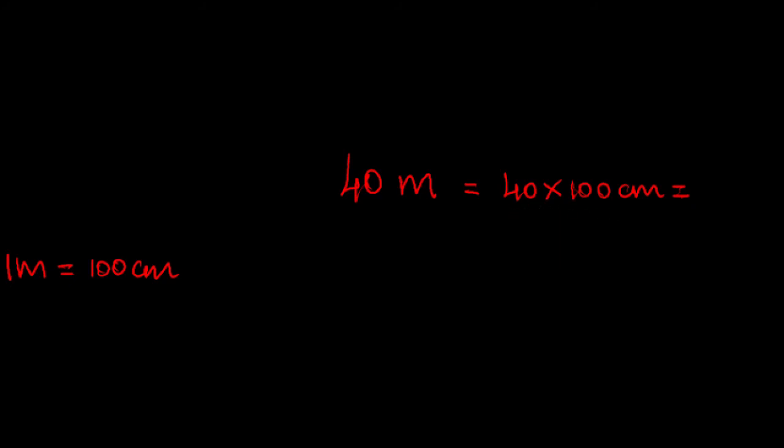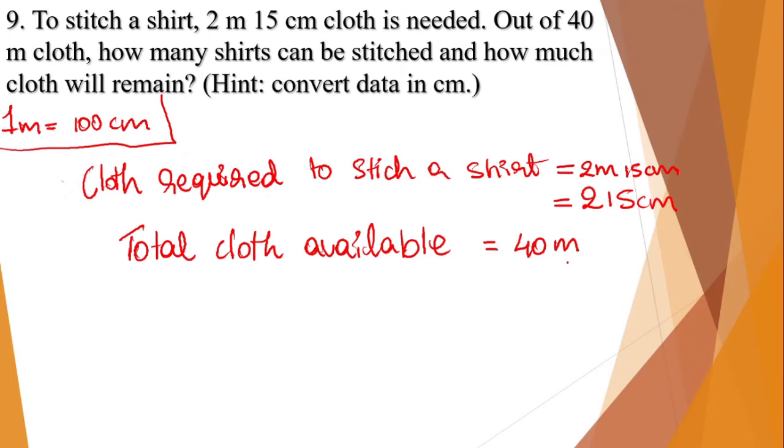Now we only have to multiply 4 into 1. So 4 into 1 is 4 only. Right. And we will add the 3 zeros which we ignored. So 1, 2, 3. We added the 3 zeros. We got 4000. And now we will add the unit as centimeters only. So 40 meters is equal to 4000 centimeter.